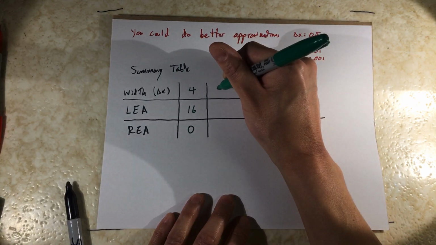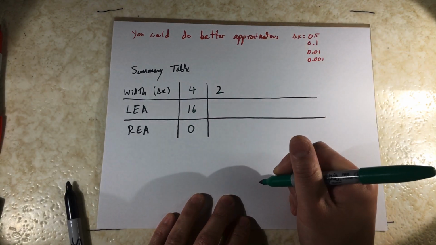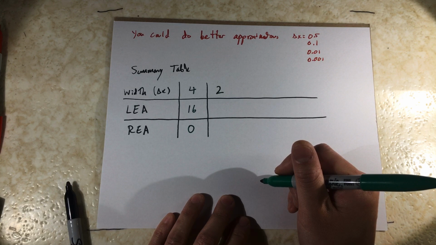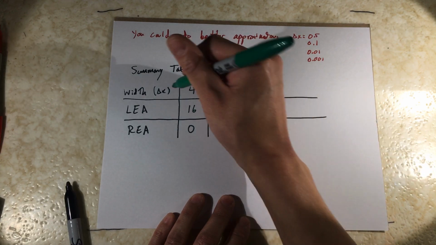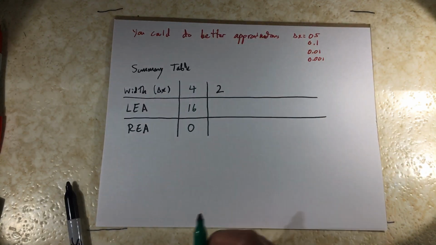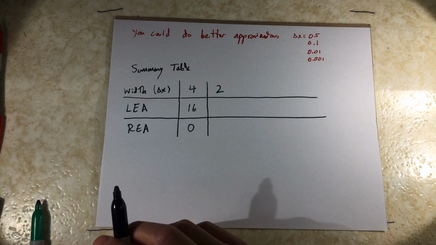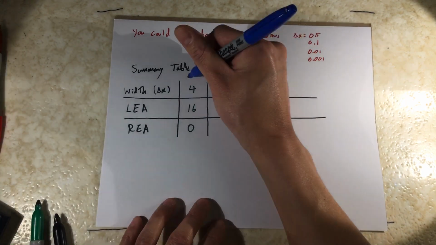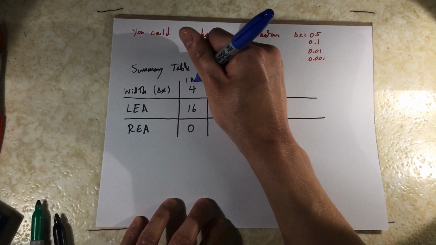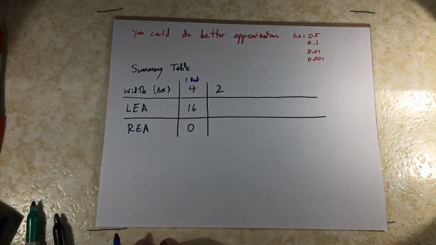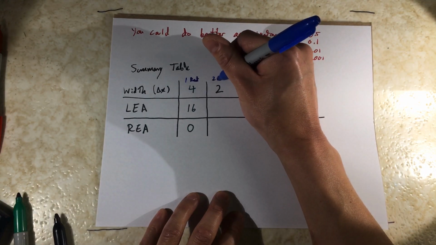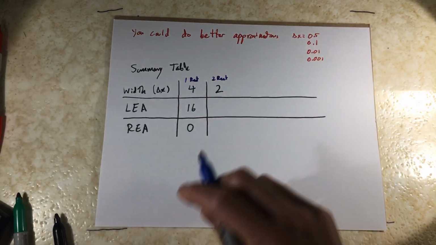And then we went to a better approximation where we used a width of 2 with 2 rectangles. So this is how wide they were, not how many rectangles there were. This was 1 rectangle, and this was 2 rectangles of width 2.